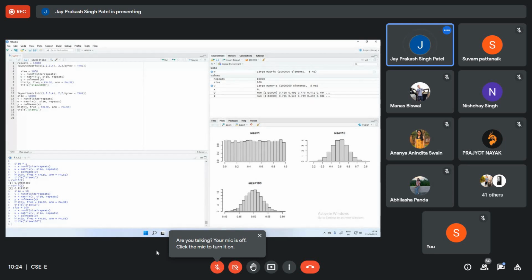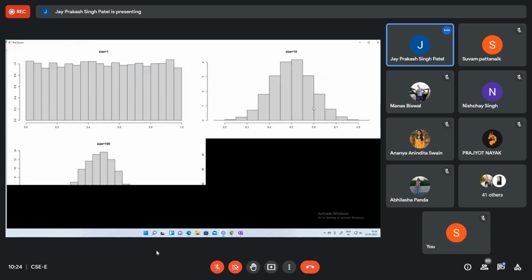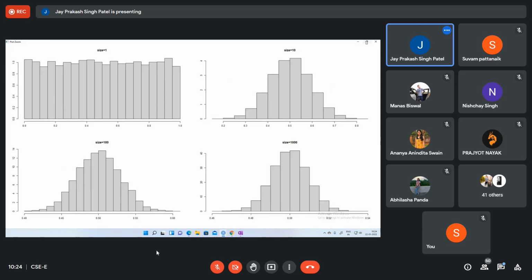Then I will ask. Okay. Is there any difference between these four plots?